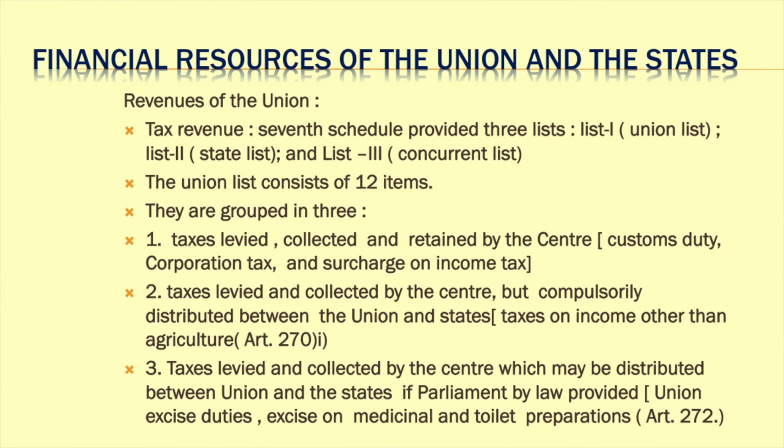taxes on income other than agriculture, Article 270. And then the third type of taxes which have been levied and collected by the center, which may be distributed between union and the states if a Parliament law provides, union excise duties, excise on medicinal and toilet preparations, Article 272.